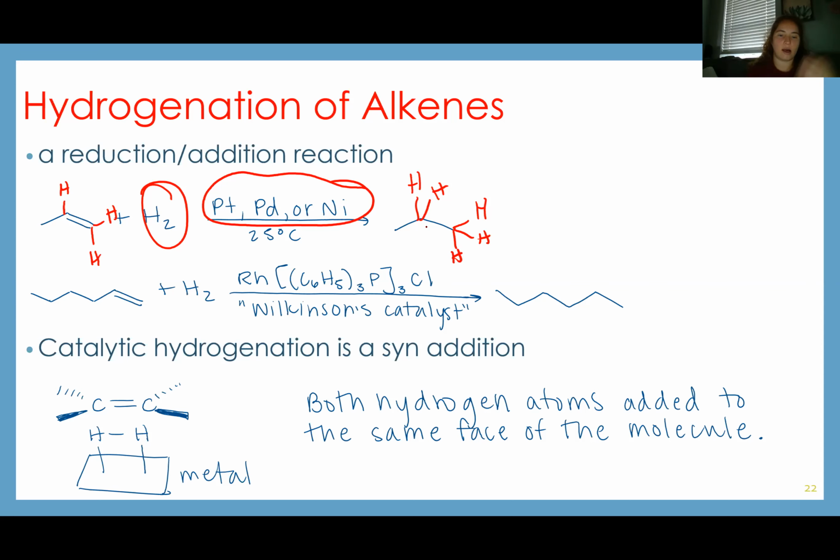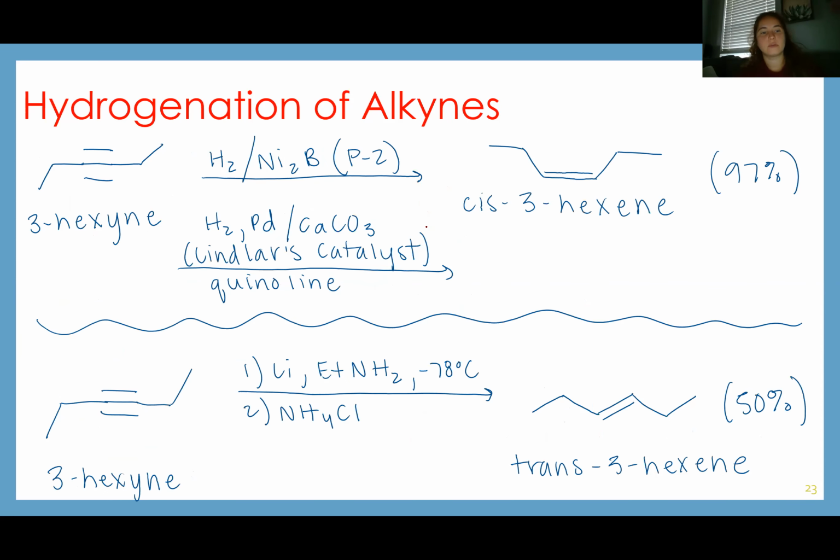And then alkene, Wilkinson's catalyst, write the formula on there, and then on the back, alkane. Same thing here. There are two different ways to make an alkyne into a cis alkene. I would make two separate flashcards.